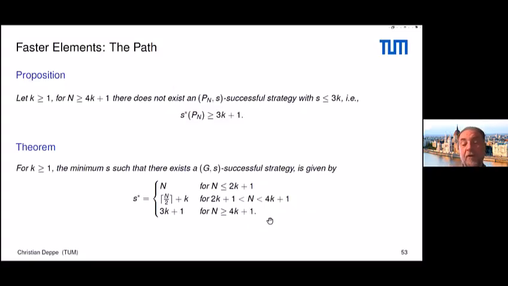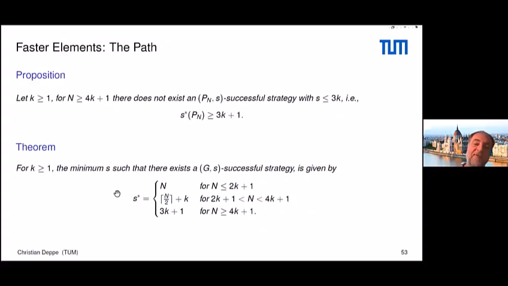What's a little bit more difficult is the case when it's smaller. Because you see here for k equal to 1, we get 4, and for bigger k, you also have some results here. We also show that this S star is equal to this, but in between you have a whole range from 3k plus 1 to 4k, and there it's different because of the boundaries.